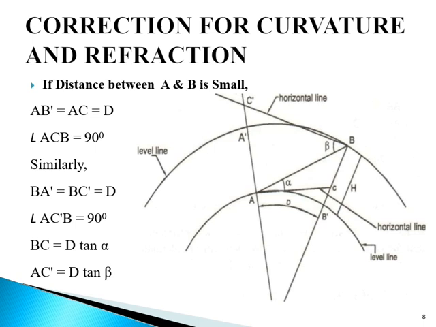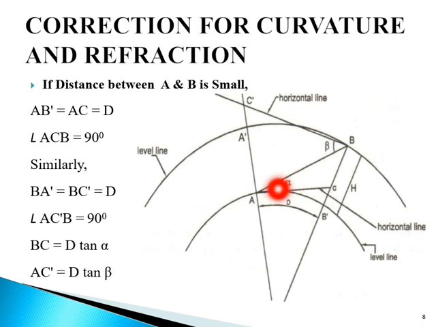AB dash is equal to AC, which is equal to D here. So AB dash is equal to AC is equal to D, all the values are the same, okay.